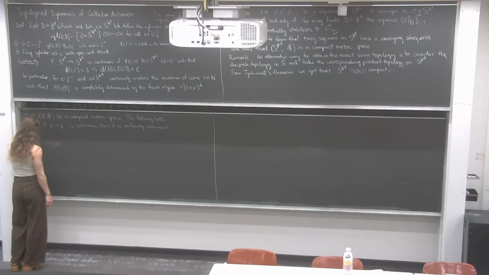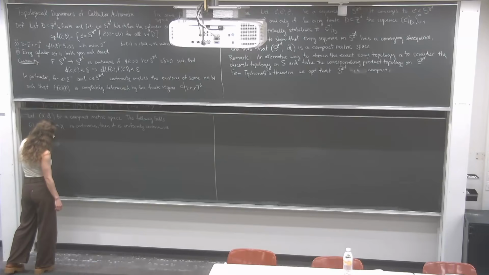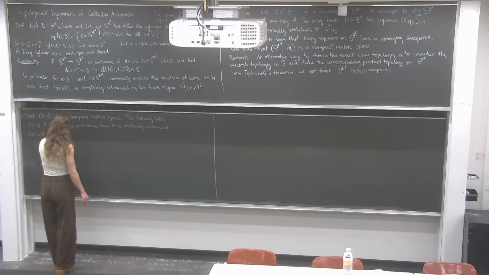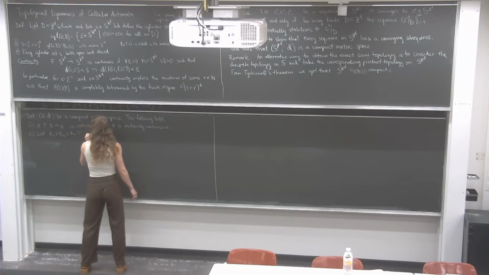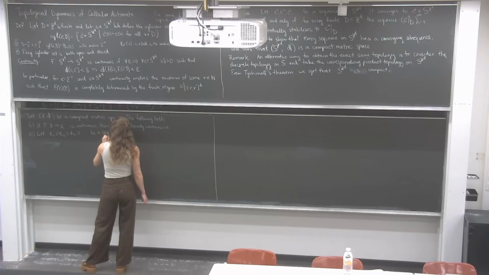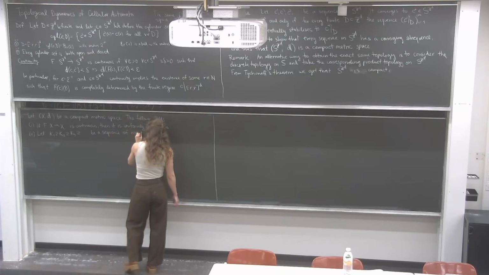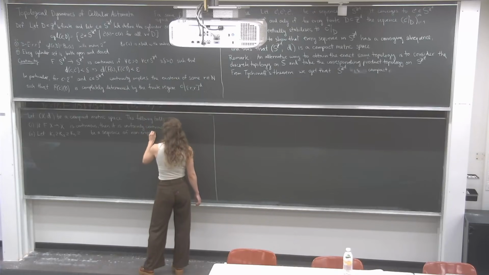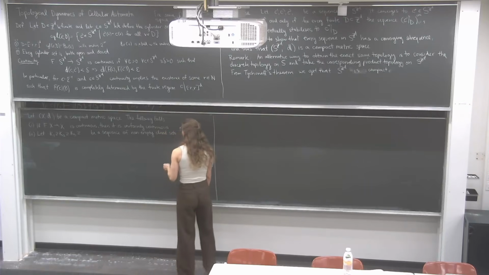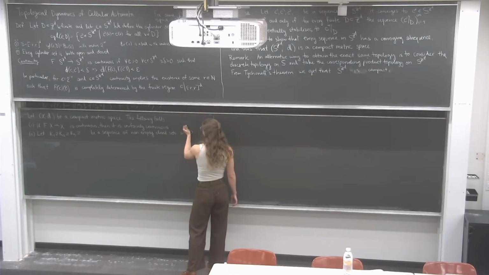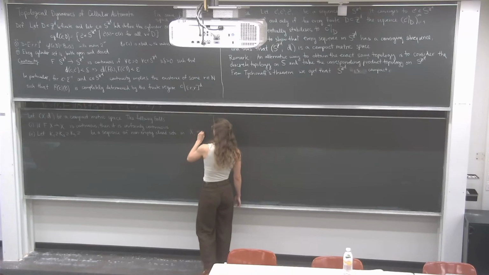The second point is that let K1 superset of K2 superset and so on be a sequence of non-empty closed sets in X. Then their intersection is non-empty.